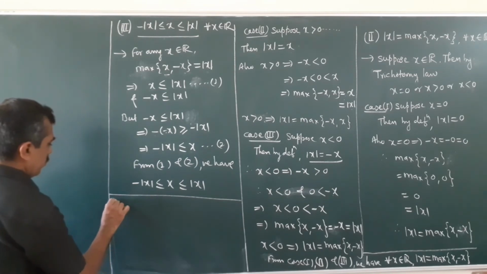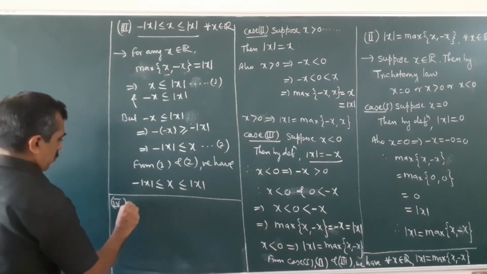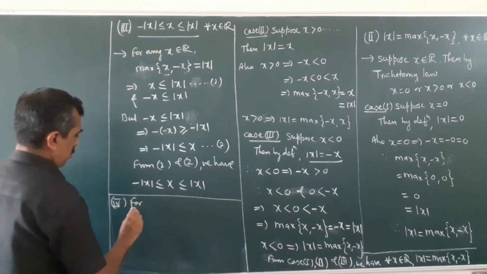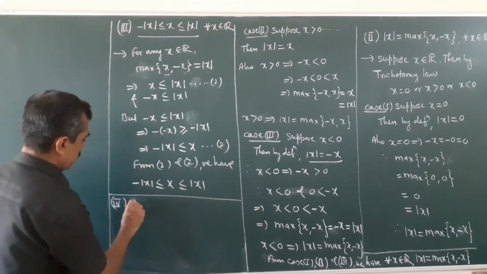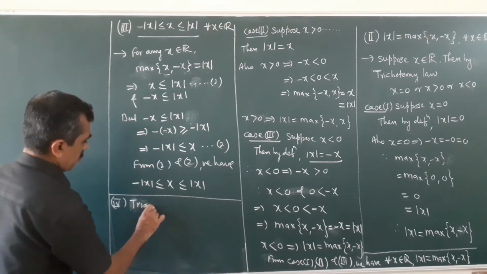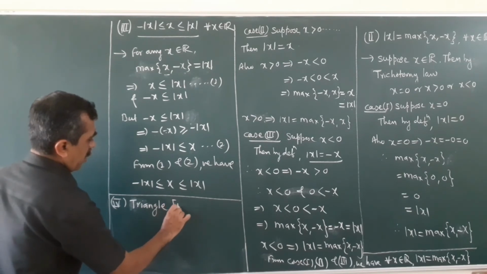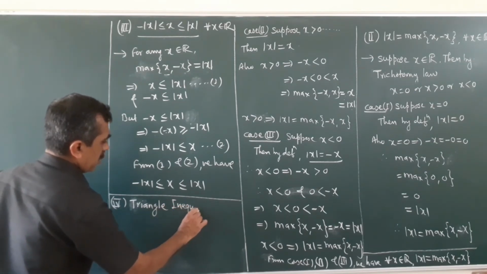Number 4. That property is called the triangle inequality.